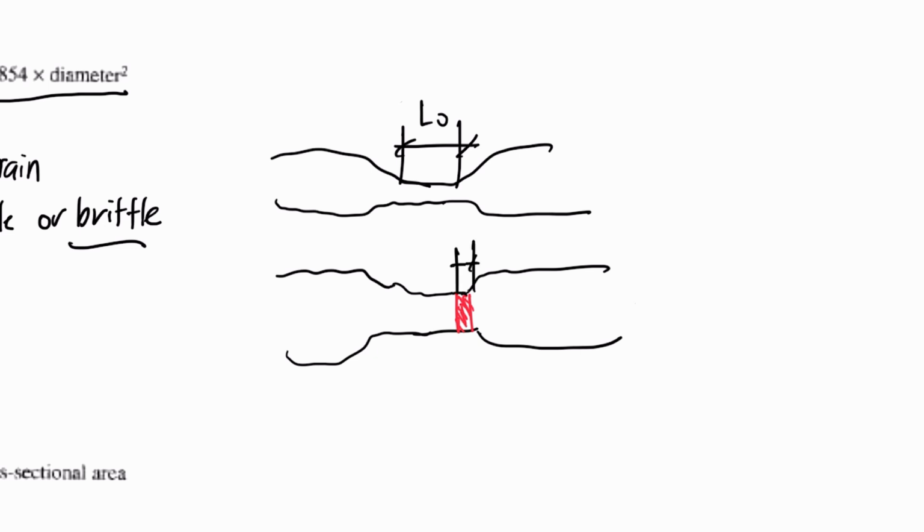Call that delta L. Then this entire length you see here is the final gauge length, or L sub F. So that's how percent elongation looks when you test the specimen.